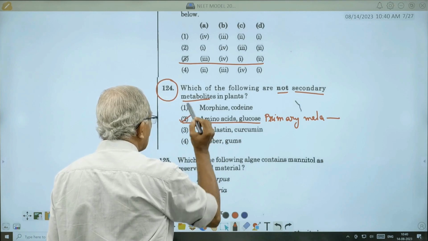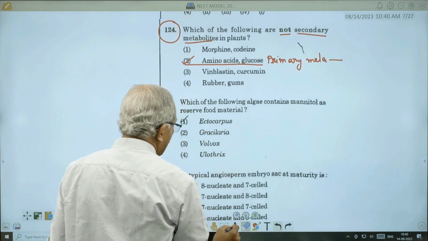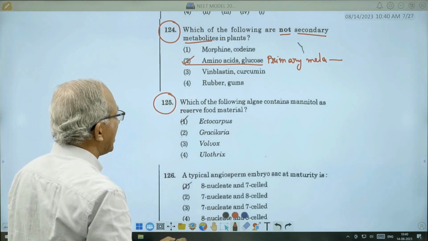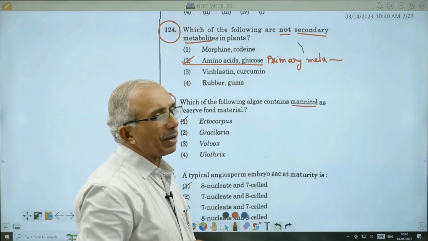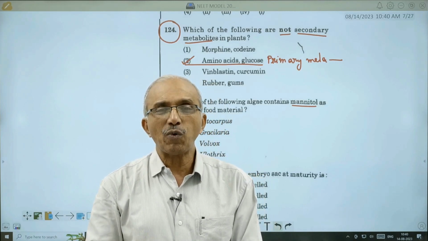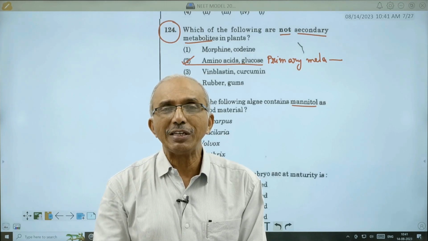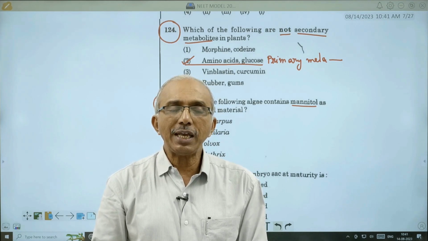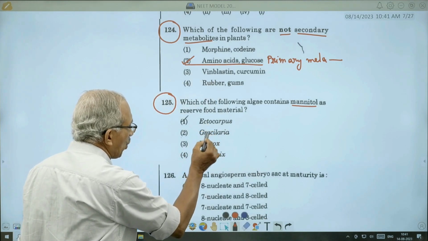Answer is 2. Next, which of the following algae contains mannitol as reserve food material? Mannitol is found as a reserve food material in Phaeophyceae. We have to select a Phaeophyceae member.